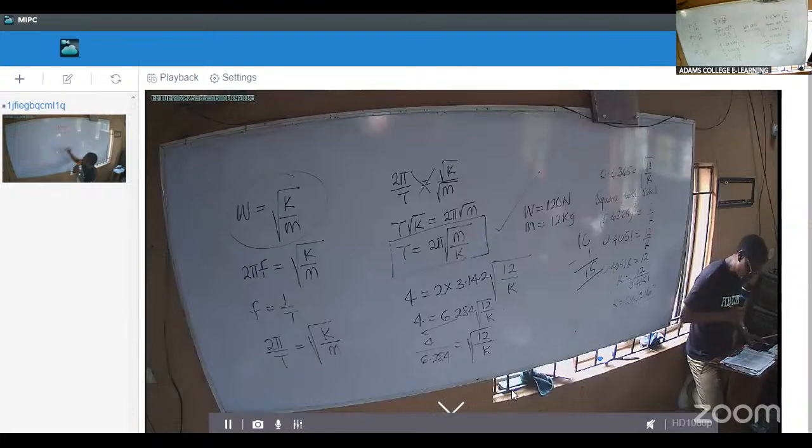A 500 Newton box rests on a horizontal floor. Full stop.